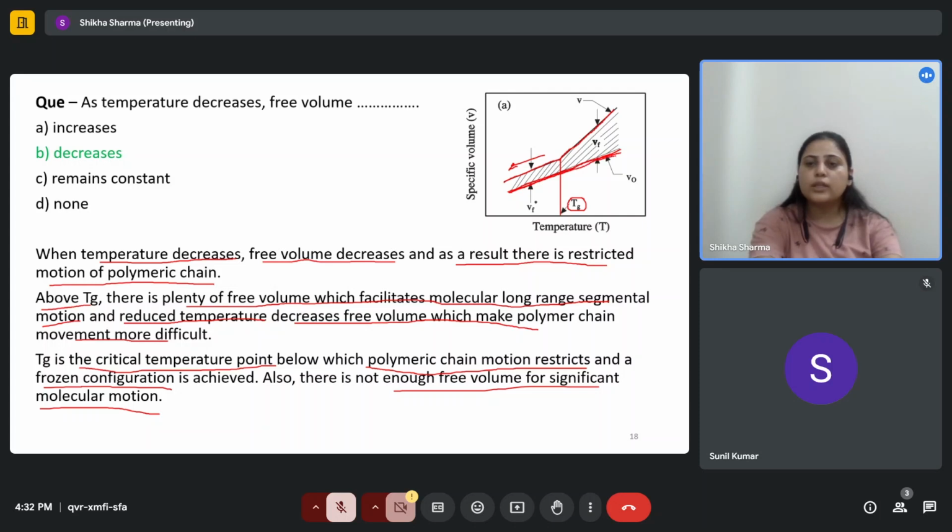The rate of increment is the constant rate, whereas the free volume will be more above the glass transition temperature because of the long range segmental motion. Below it, the chains are in the frozen configuration. Understood?